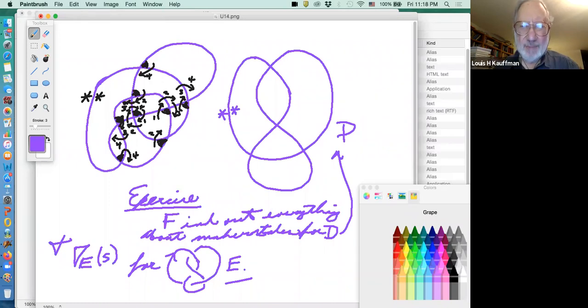Okay, so that's a nice exercise in using this model and finding out what happens in it and how the states contribute and so on.